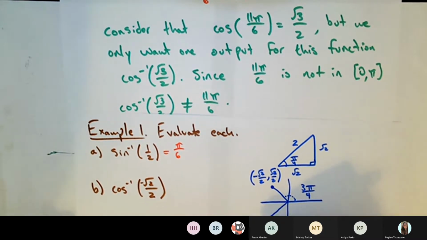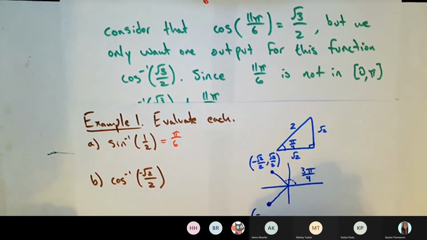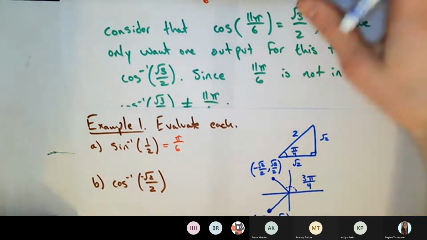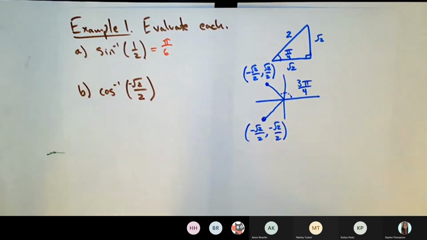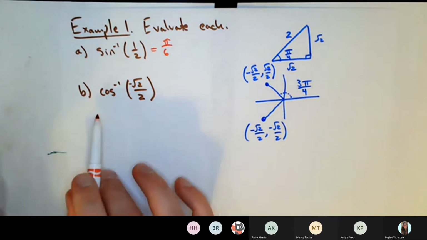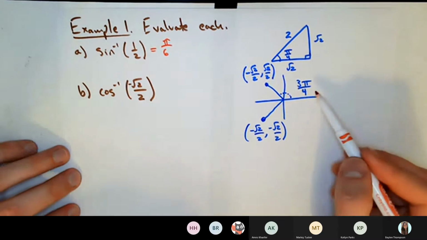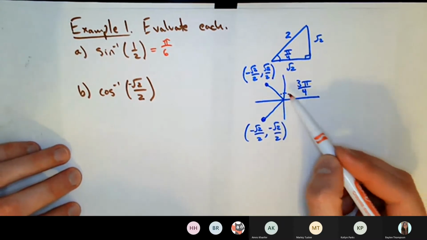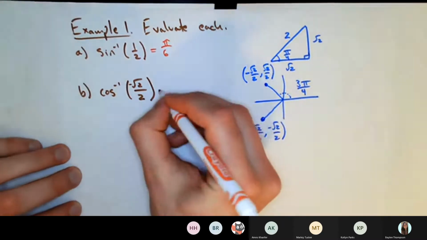You'll find another one down here at 5 pi on 4, which would be negative square root of 2 over 2, comma negative square root of 2 over 2. So that x value is matching, but which one is it supposed to be? Is it 5 pi on 4 or is it 3 pi on 4? Well, we have to consider the range of cosine inverse. The range of cosine inverse is from 0 to pi, so it's got to be the 3 pi on 4 one.